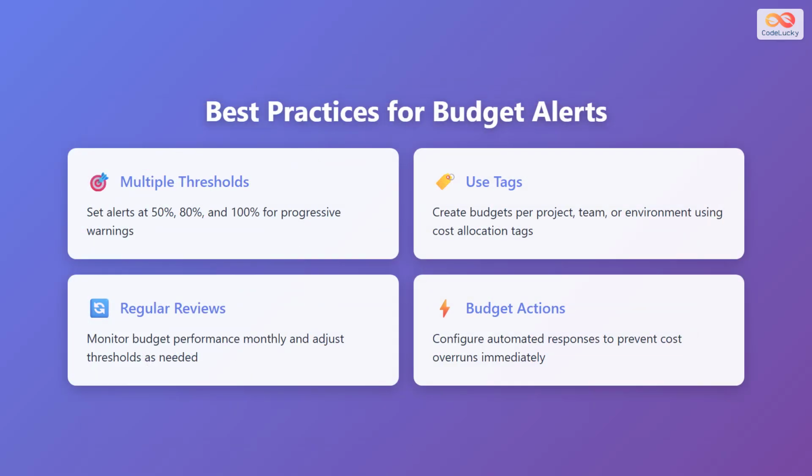Let's review some best practices to maximize the effectiveness of your budget alerts. First, implement multiple thresholds by setting alerts at 50%, 80%, and 100% of your budget. This provides progressive warnings as spending increases. Second, use tags to create budgets per project, team, or environment using cost allocation tags. This granular approach helps you identify which areas are driving costs.